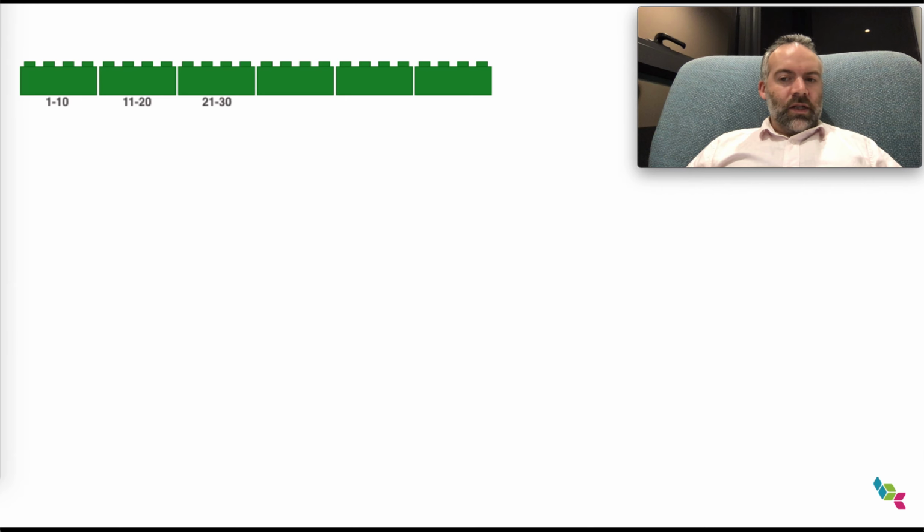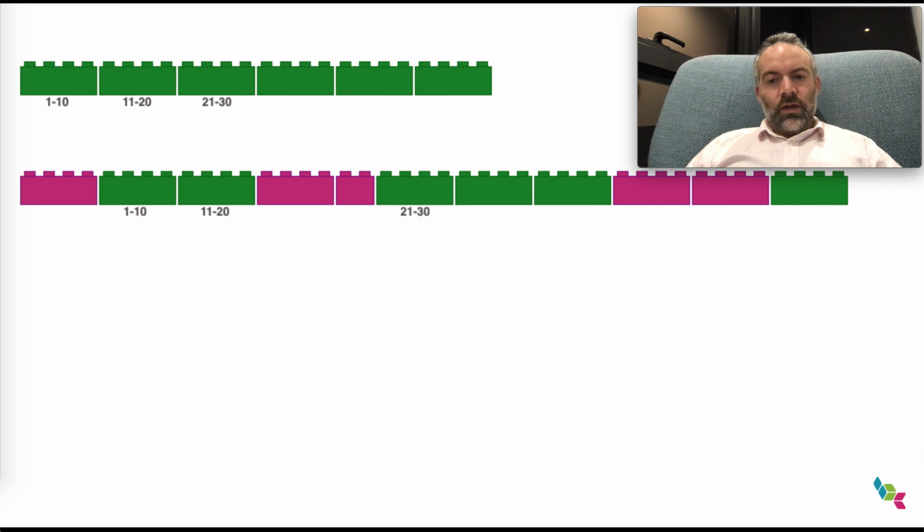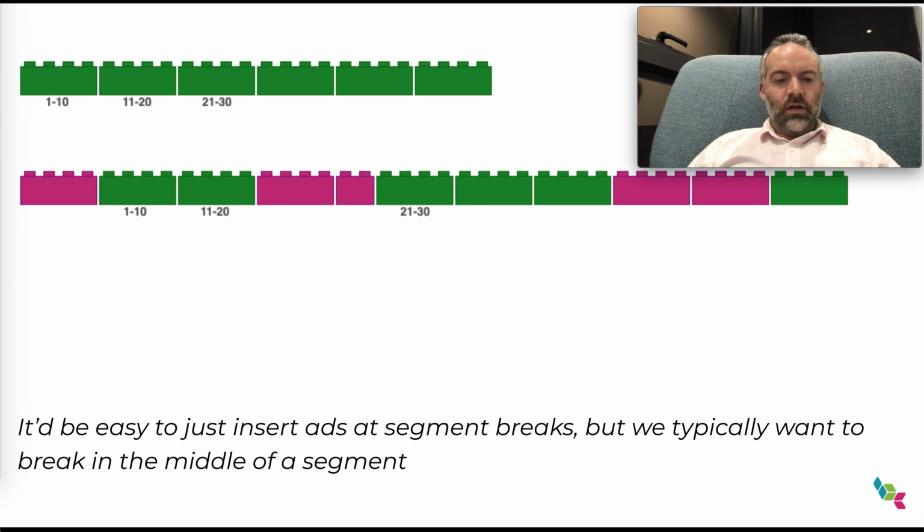But let's think about this a slightly different way. If each of those fragments is represented as a brick, first 10 seconds of content, next 10 seconds of content, next 10 seconds of content, and I just want to insert some ads between those segments, I can do this pretty quickly. I'm literally just moving some bricks around. But we never really want to insert an ad break right on the edge of a segment.